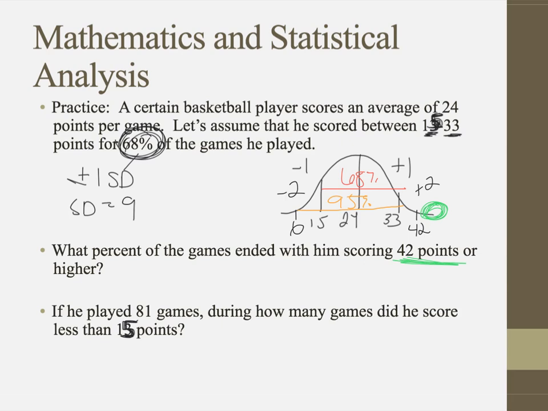Okay, 5% is going to be equally distributed on this side and on this side. So 2.5% is going to be out here, and another 2.5% is going to be over here.